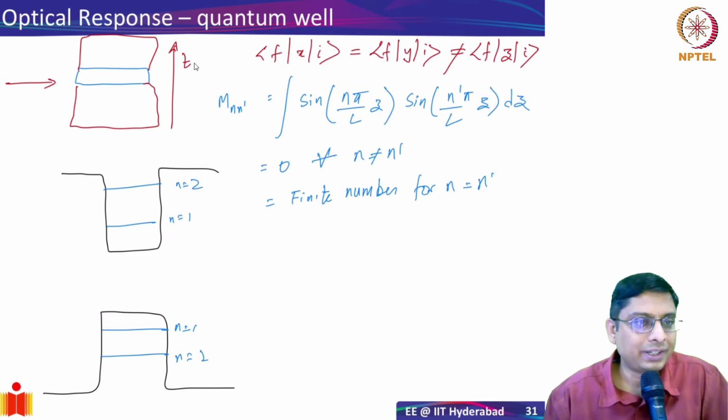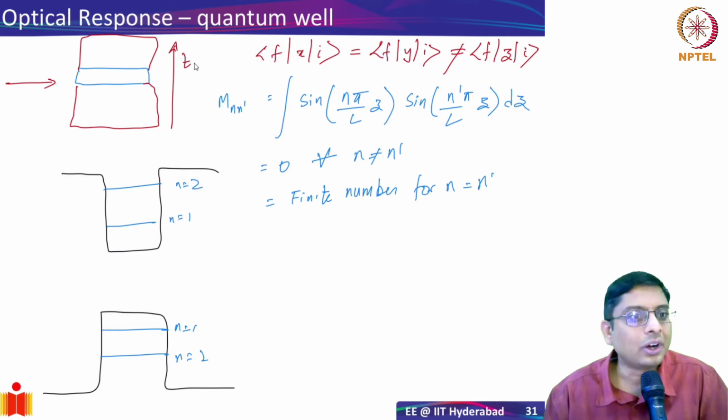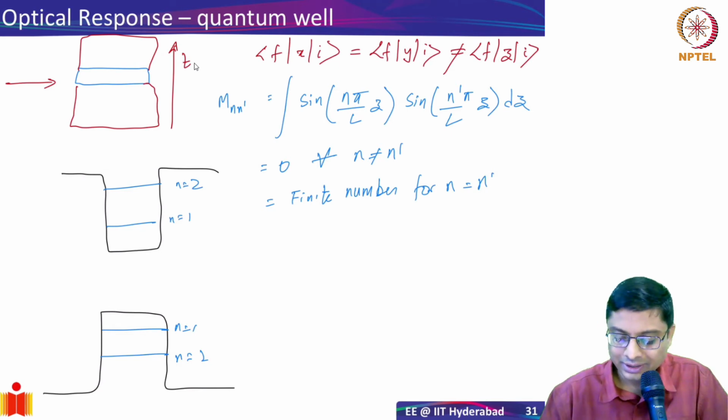So what the overlap integral M n n prime being equal to 0 or not implies is, you can have electrons making a transition only in the case of, let's say, from here to here, from here to here. So this is going to be the E1 to 1 transition.